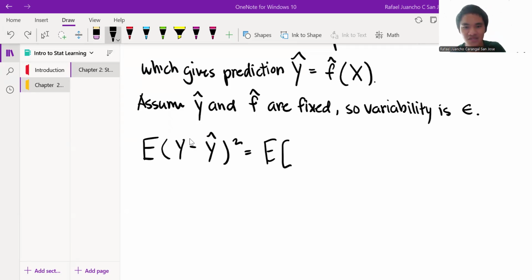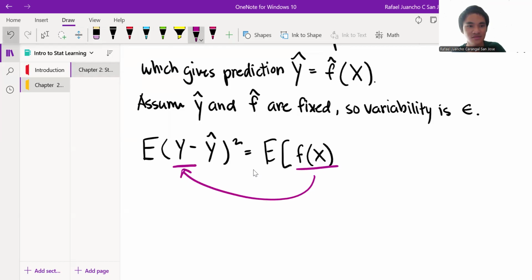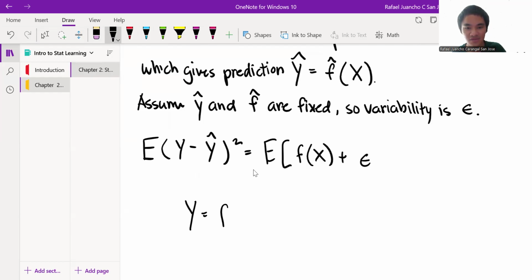So this is the same as the f of x, the predictors. This thing is this thing plus this epsilon, because y is equal to this thing.